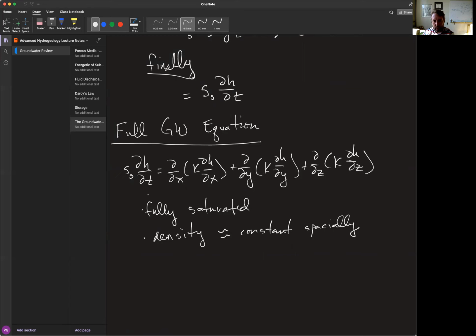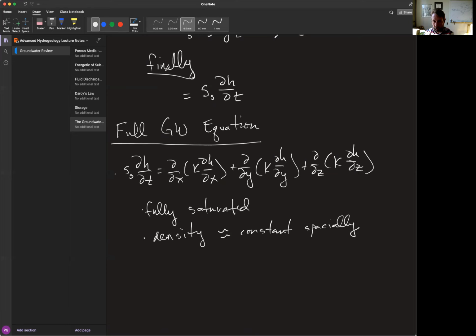It is a partial differential equation written in terms of hydraulic head, which is easy for us to measure. We'll talk all about this PDE, but solutions to this PDE will prescribe the head as a function of space and time.